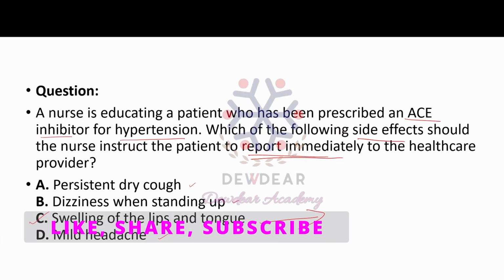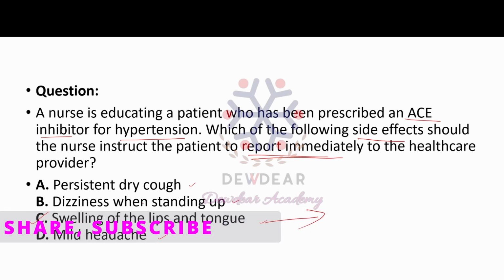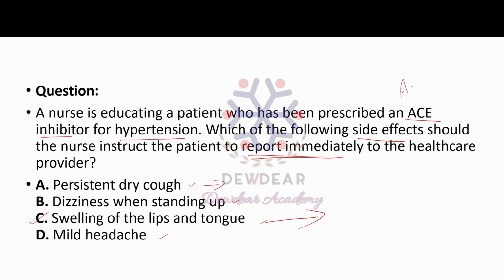When we are discussing the options, persistent dry cough is also a common side effect which can occur with ACE inhibitors. ACE inhibitors are angiotensin converting enzyme inhibitors. When taking this medication, it can cause a persistent dry cough, and that is one of the common reasons people may discontinue it.